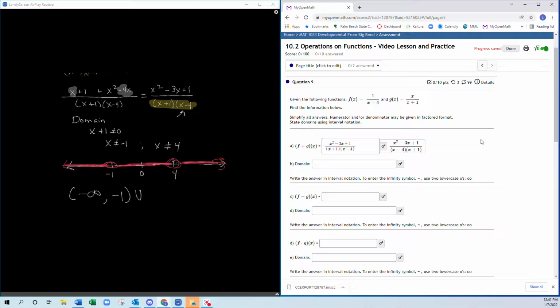That gets unioned with the next region inside here, and that goes from negative 1 to 4. Again, parenthesis because that number isn't included. If it was, we wouldn't need to do this. And then I union that all the way with 4 to positive infinity. You'll type all of that in.